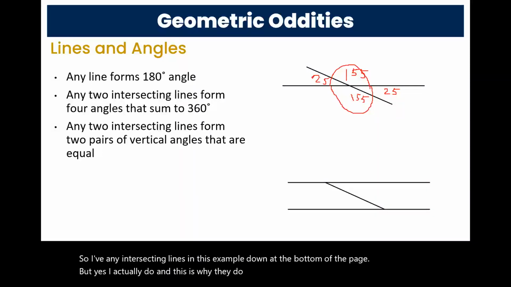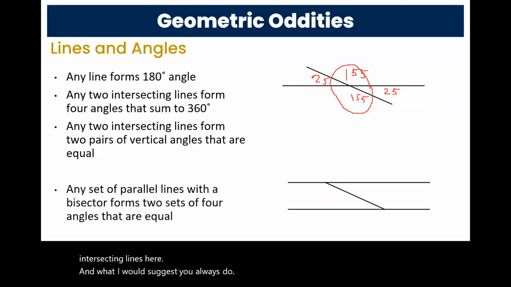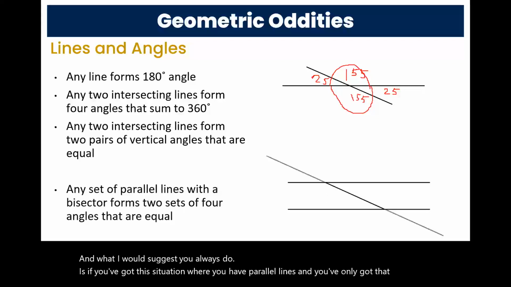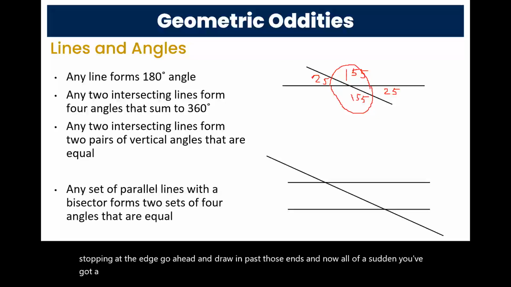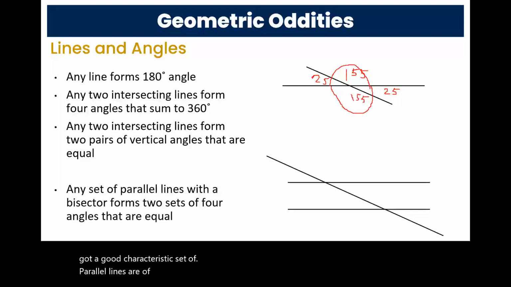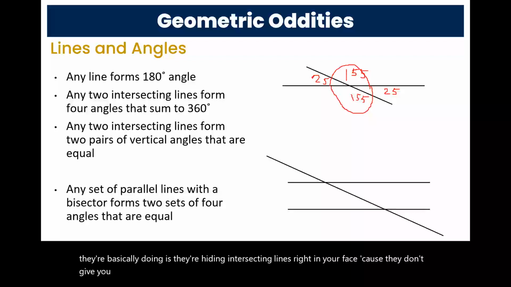They stop it at that line, but there's actually intersecting lines here. And what I would suggest you always do is if you've got this situation where you have parallel lines and you've only got that bisector stopping at the edge, go ahead and draw in past those ends. And now all of a sudden you've got a good characteristic set of intersecting lines. And this brings all those rules into play. So what they're basically doing is they're hiding intersecting lines right in your face because they don't give you a crossing, they just give it to you touching.